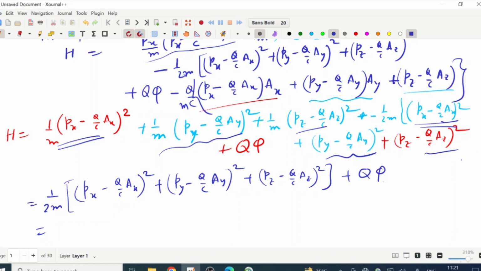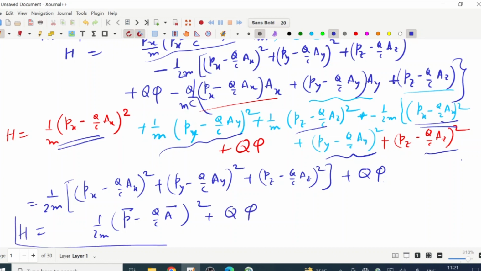Or in vector notation, 1 over 2m times (p vector minus q by c A vector) whole square plus q times phi. This is the very simple and nice form of the Hamiltonian for a charged particle in the electromagnetic field.